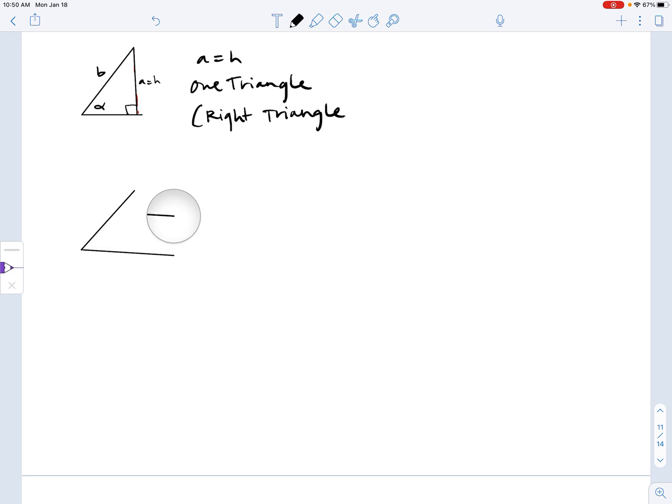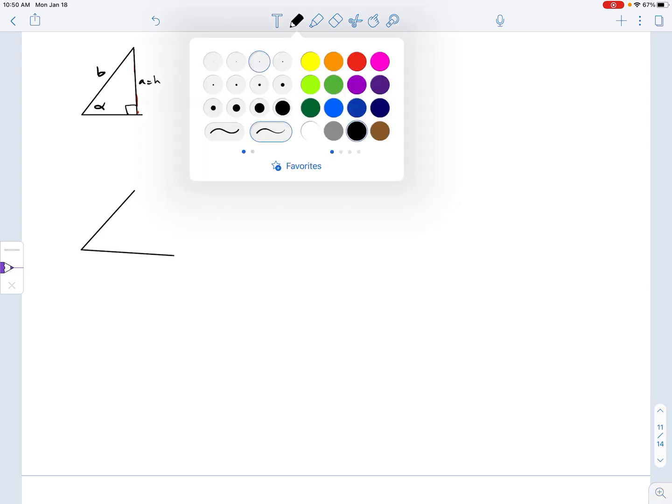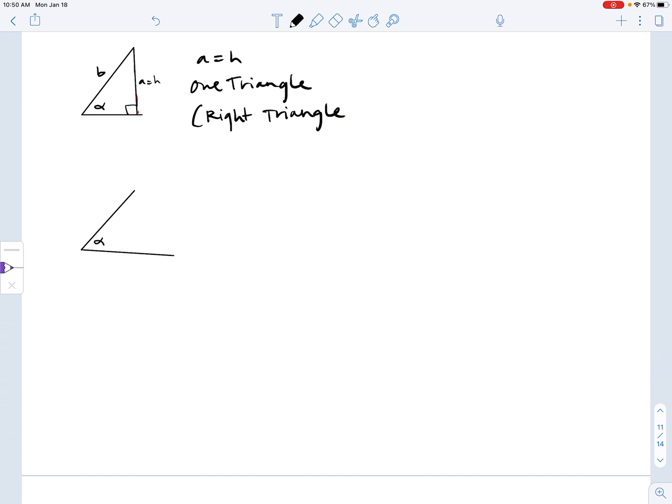Now, if A is greater than the height, but shorter than side B, that's whenever you can end up with two triangles. Let me do my best to draw this.